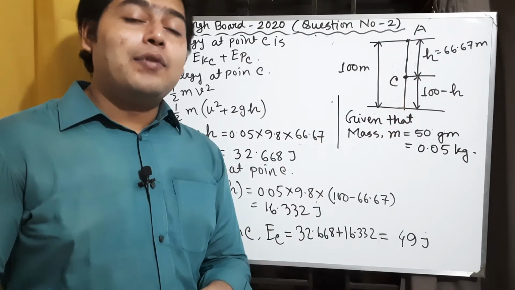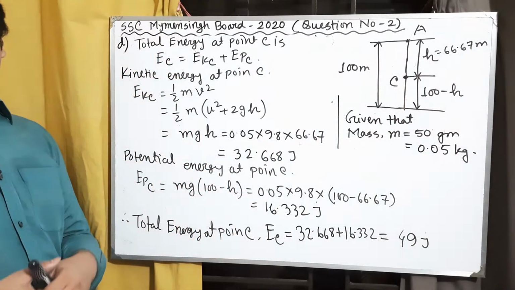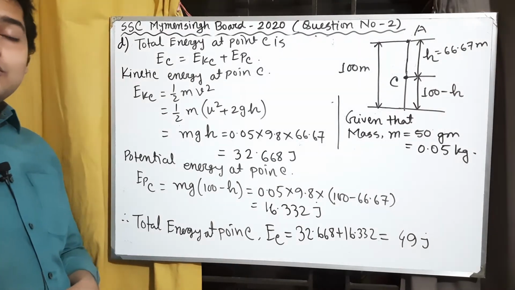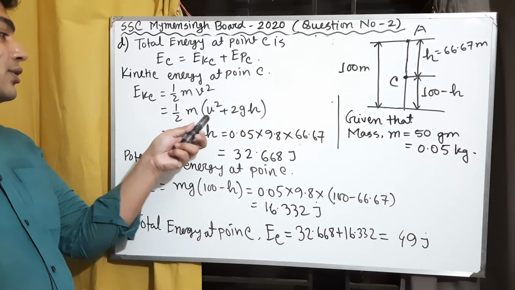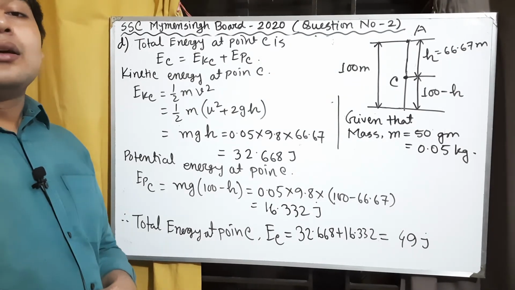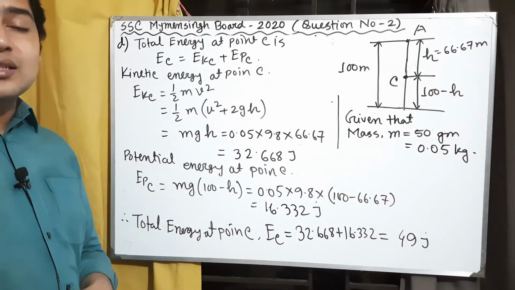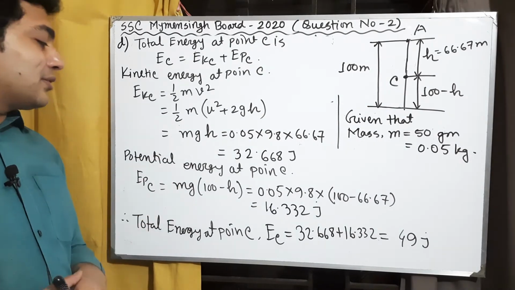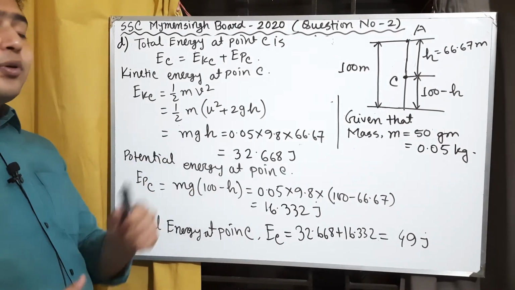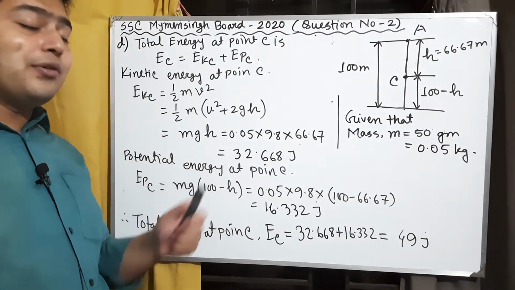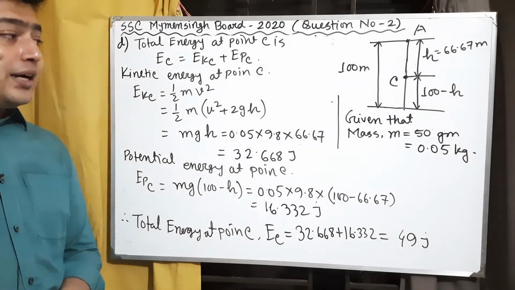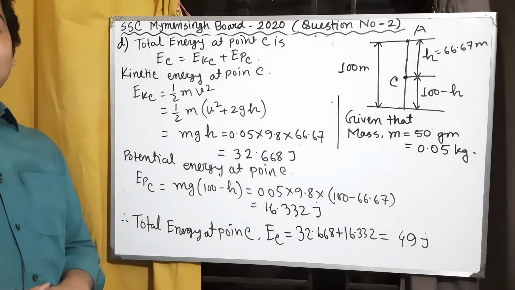Using the equation of motion, v square equals u square plus twice gh, with initial velocity 0 because the object falls from rest. The 2 cancels, we get mgh, and putting in the values we get EKC equal to 32.668 joules.